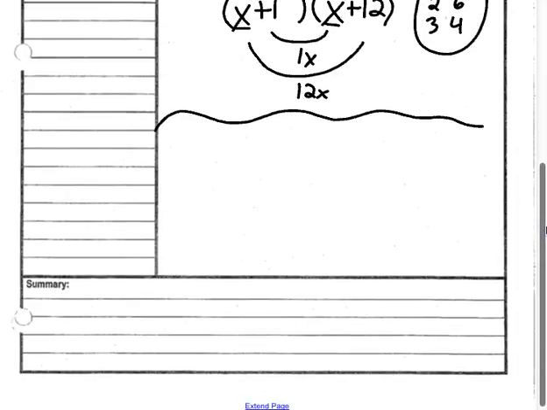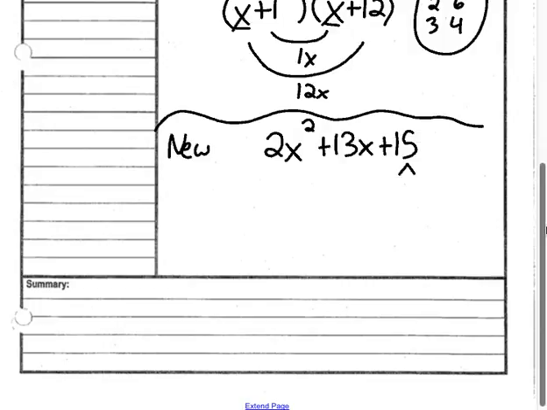So our new content for today are going to be ones that look like this: 2x squared plus 13x plus 15. And the process is almost the same. The first thing we're going to do is look at what multiplies to give us 15. How can we break that down? Well, 3 and 5 or 1 and 15 would multiply to give us that 15.